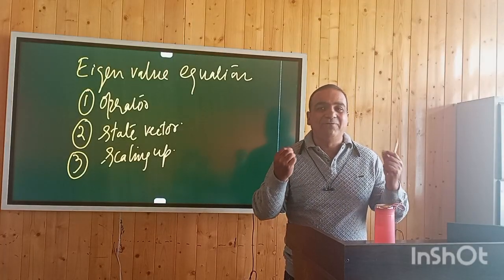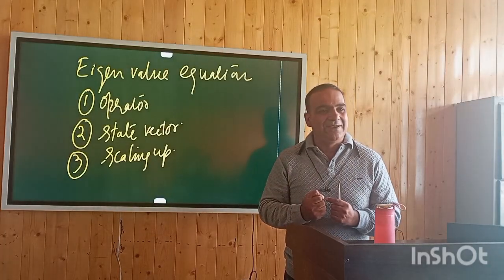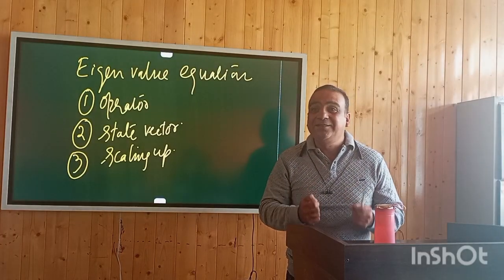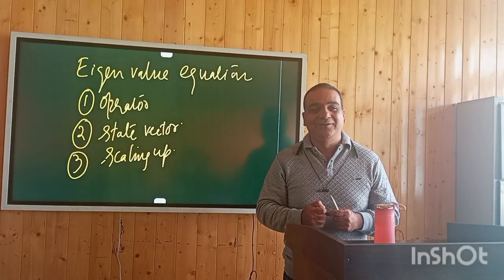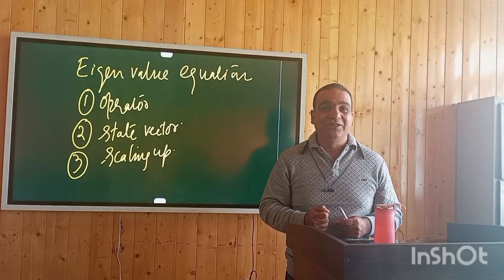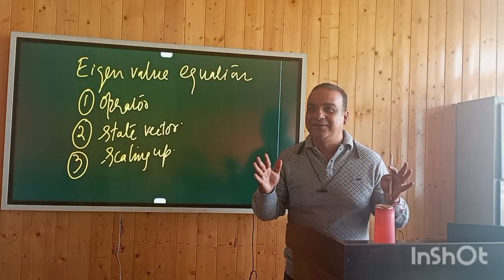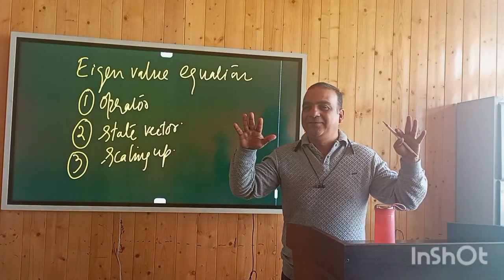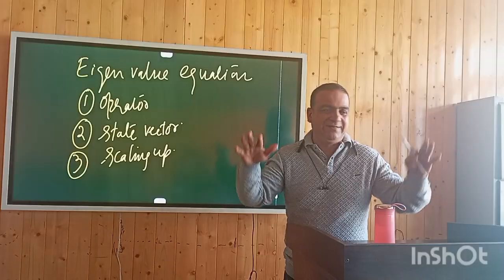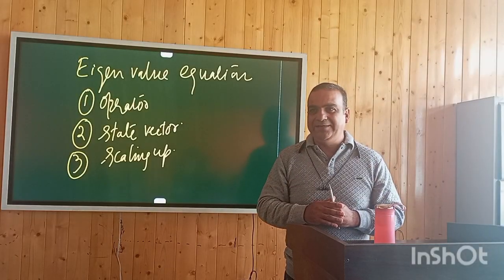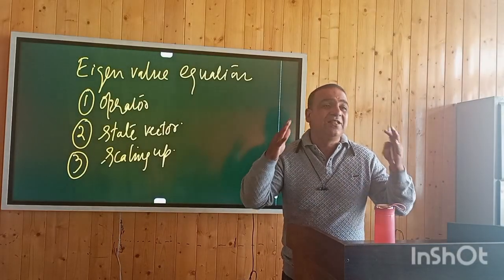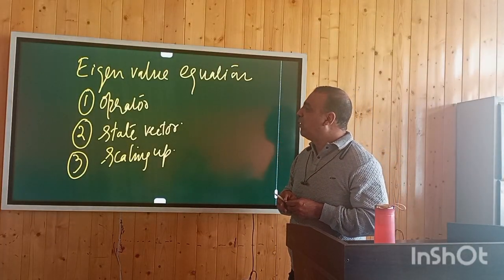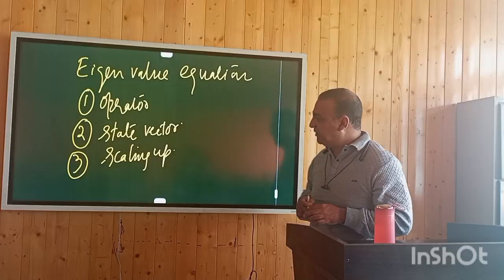The eigenvector is a vector living in the Hilbert space which, when subjected to an operator, does not change. This vector is what is genuinely called an eigenvector. Otherwise, all vectors which are there, we call them state vectors, right? And you have some special vectors living in this Hilbert space that are capable of not changing.